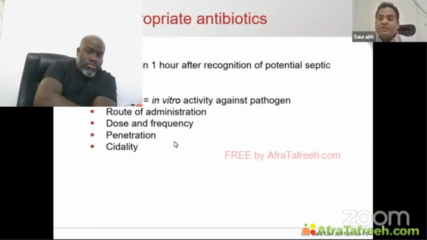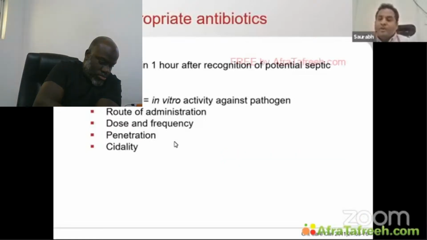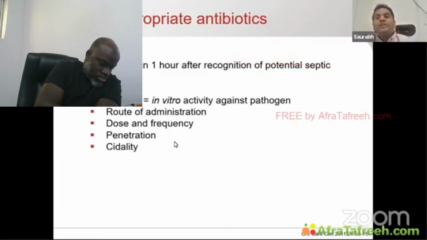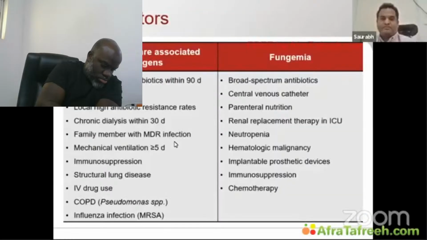Your initial dose prescription may be low because of the renal failure, but on day 3 or day 4, if your patient's renal function has normalized, he has responded to your therapy, you need to increase the dose again to the usual dose. So all these things need to be seen at baseline and should be followed up depending upon the patient's progression and improvement of his illness.